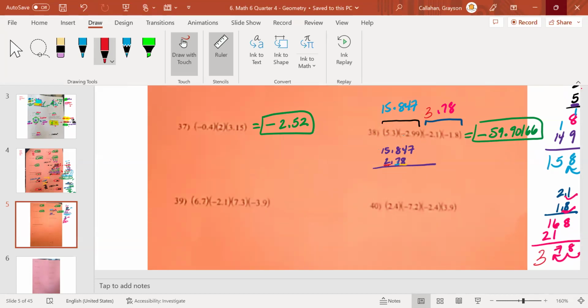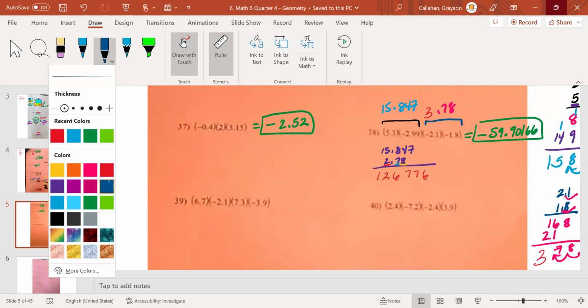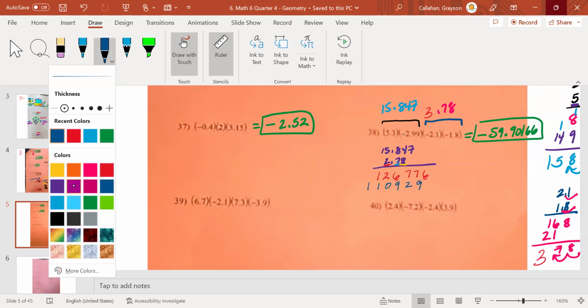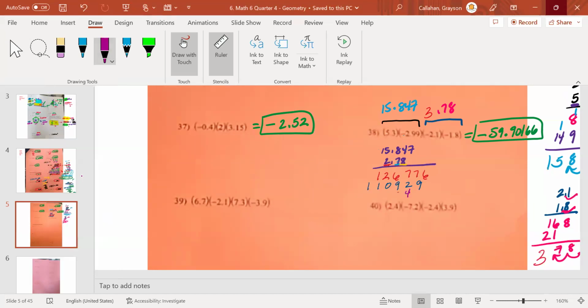15847 times 8 is 126,776. Okay. Make sure you write that down. 7 times everything on top is going to be a 110,929. 2 times everything over there, 15.847 times 2 is going to give you a 49,631.